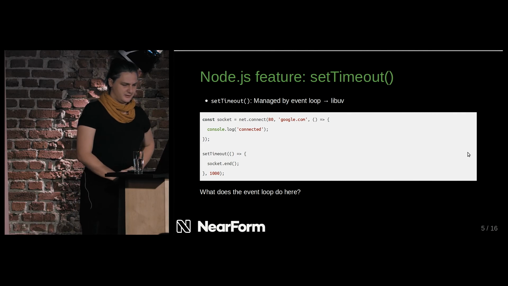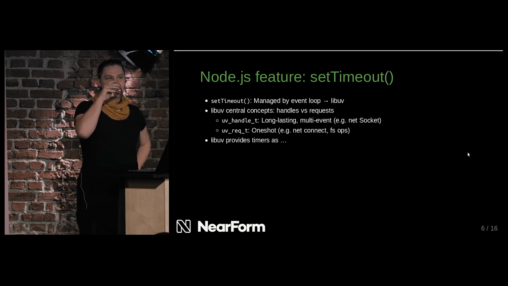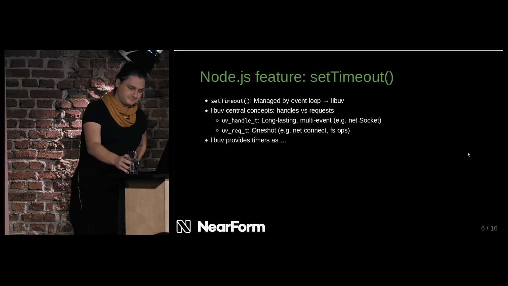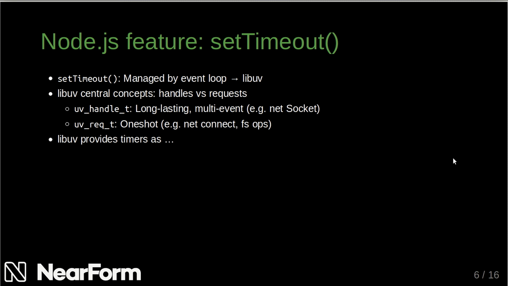And in Node.js, the event loop is managed by something called libuv. It's the library we use for operating system abstraction and managing the event loop. Some central concepts in libuv: there are basically two kinds of objects, handles and requests.